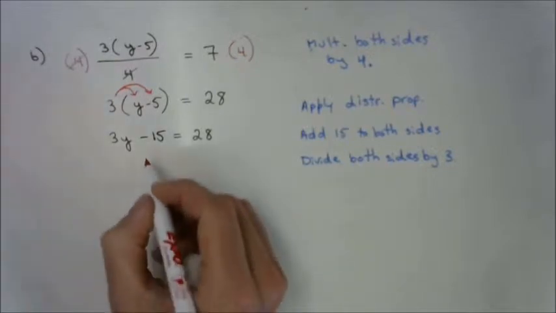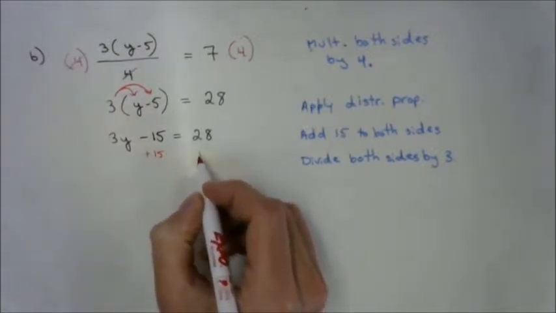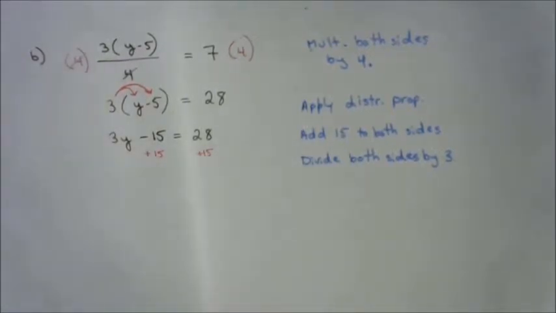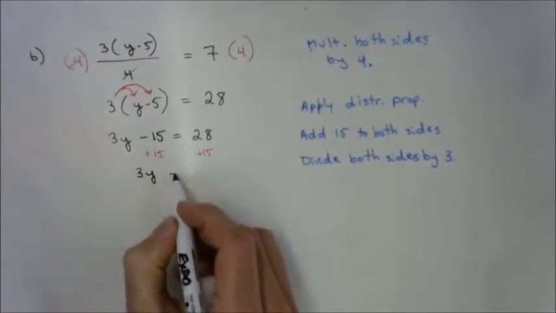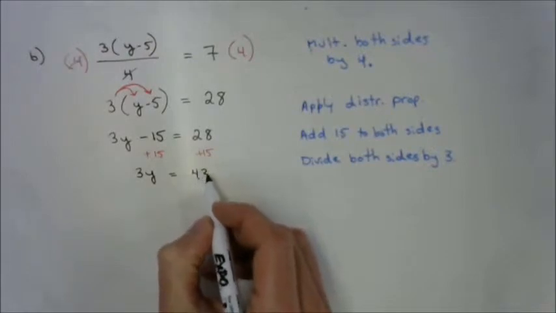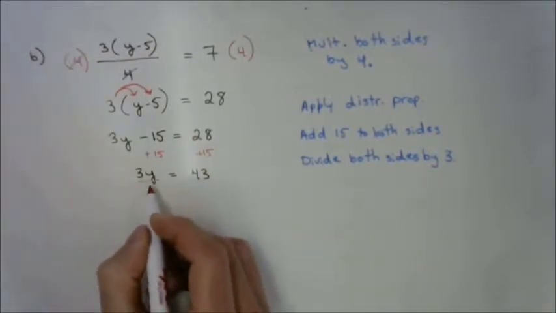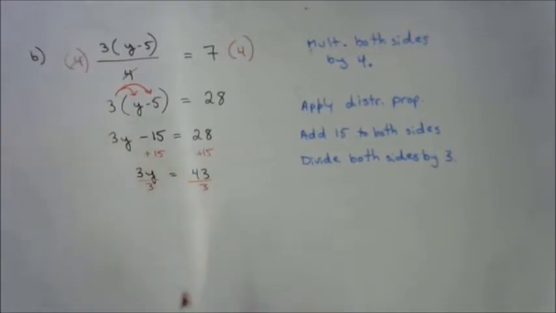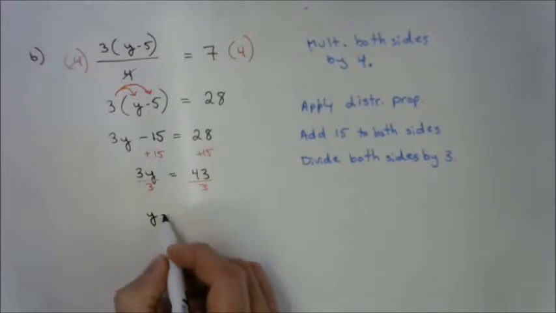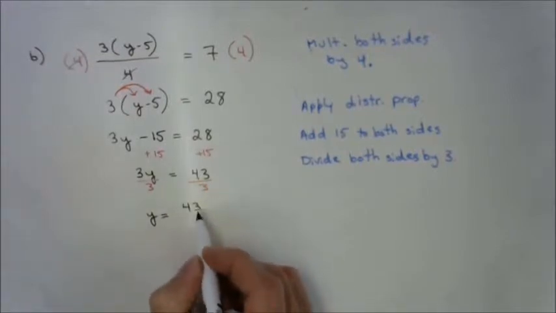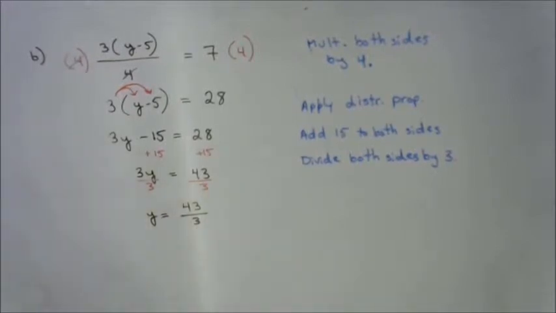So we're going to add 15, which gives us 3y on the left and 43 on the right. And then we're going to divide both sides by 3, which is going to give us y on the left, and it's going to equal simply 43 over 3.